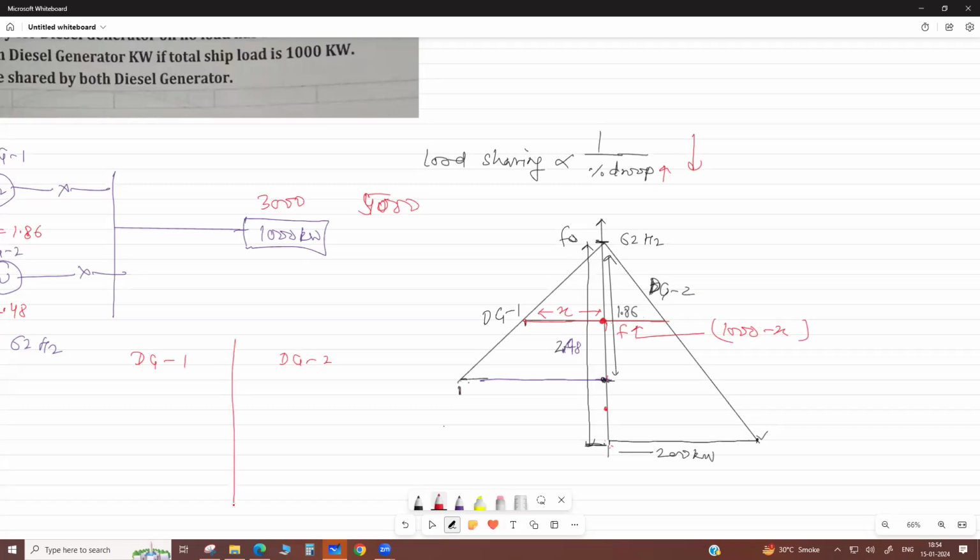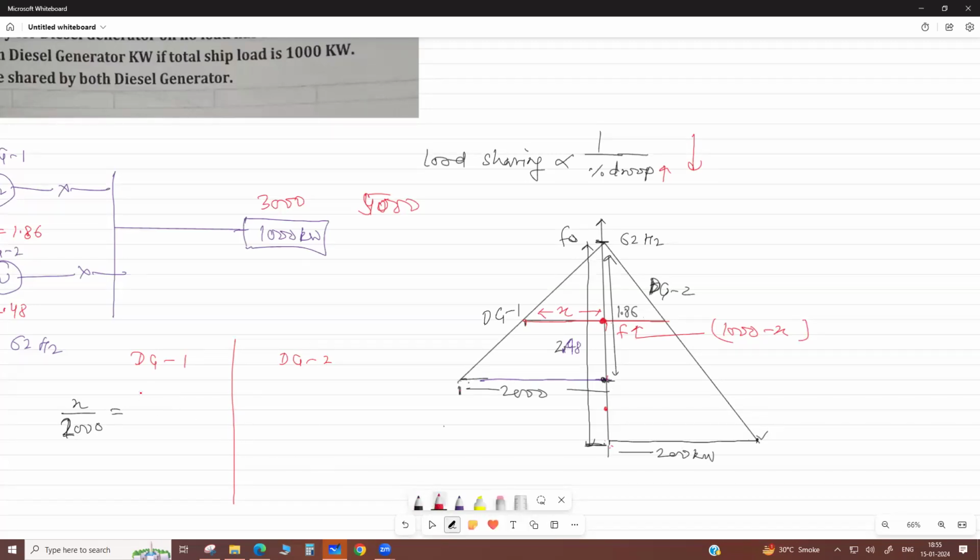For DG1, it is X by, this is also 2000 kilowatt. This is also 2000. So it is X by 2000 equals their height ratio, which is 1.86, small to bigger.